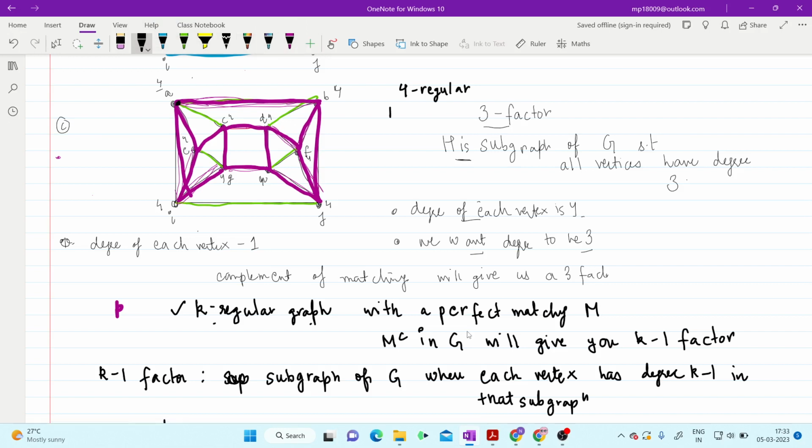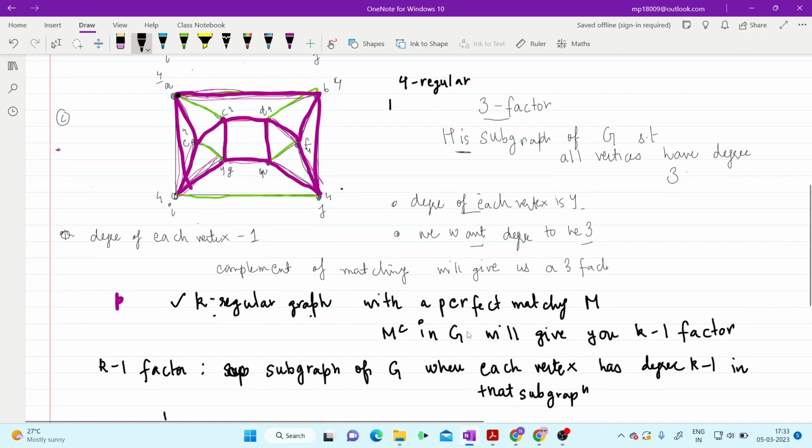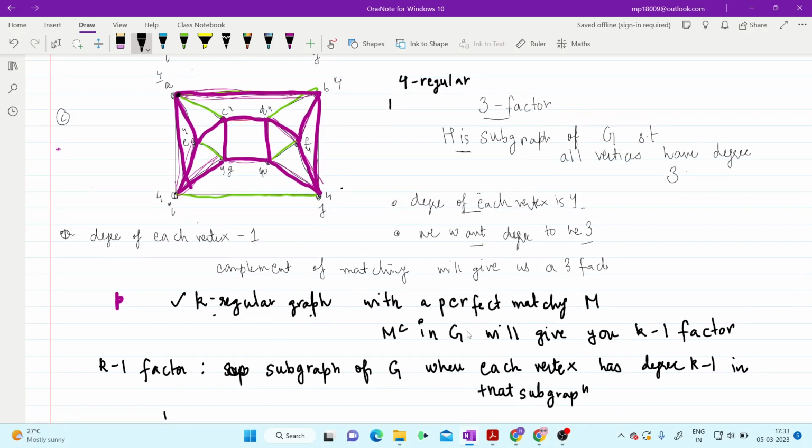So degree of A is 3, because of edges AI, AE, AB. Each vertex has degree 3 in this purple graph, so this is indeed a 3 factor. Is everyone okay with this?